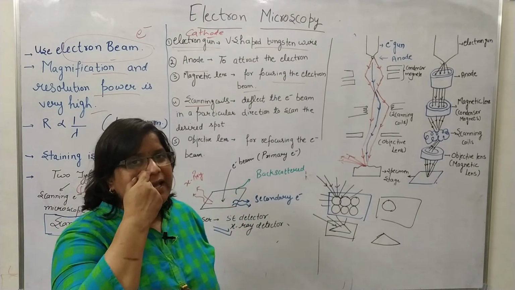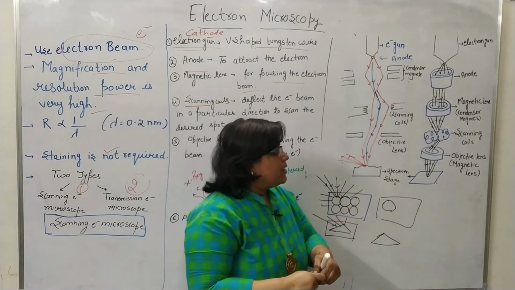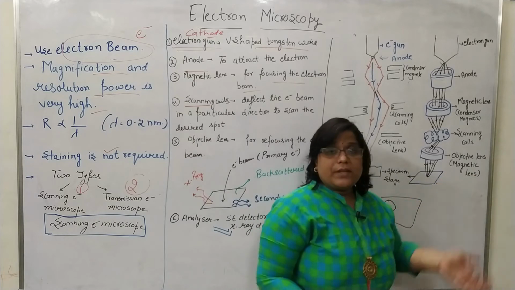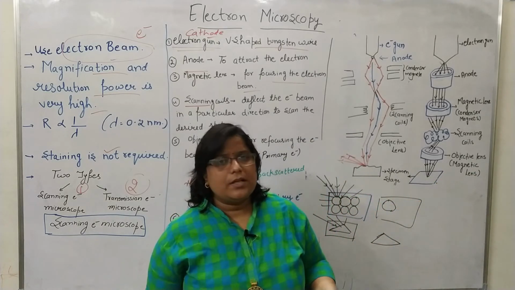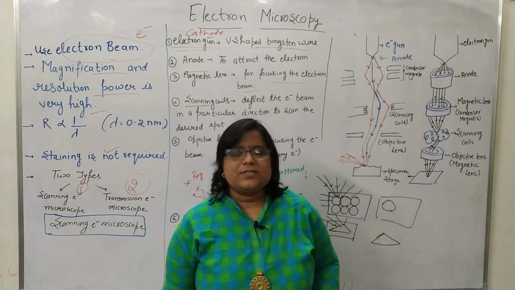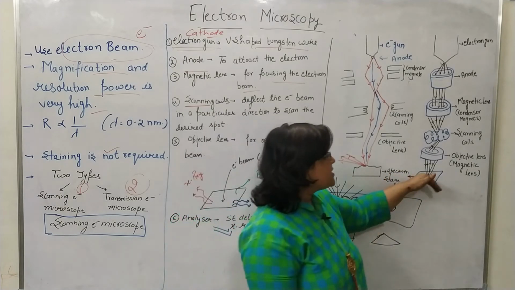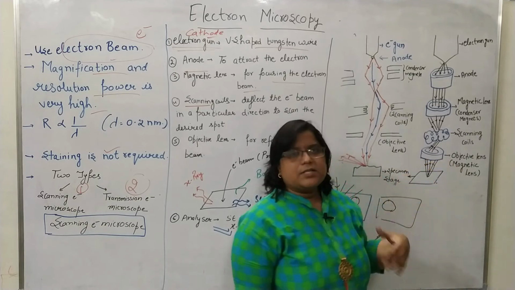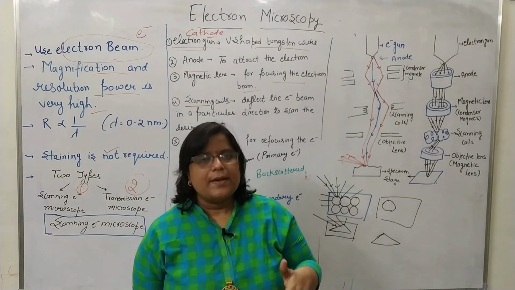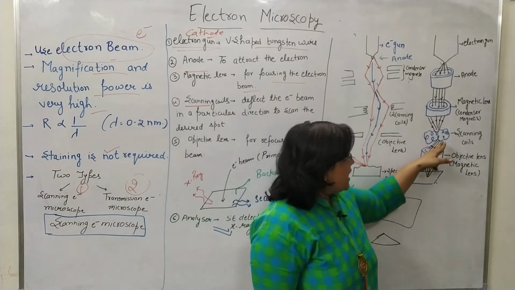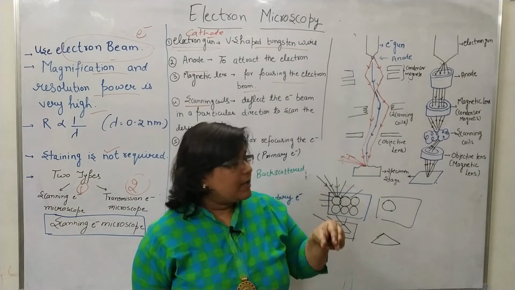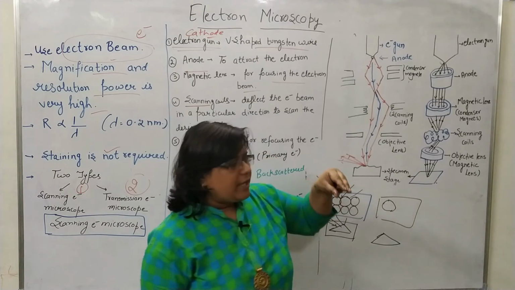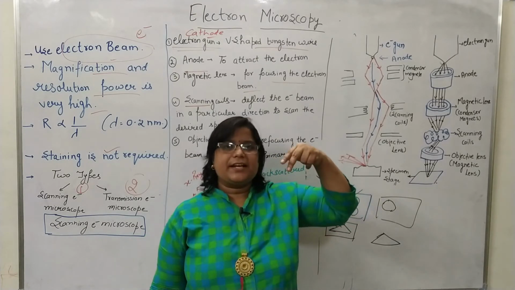After the scanning coil, an objective lens, or we can say a magnetic lens, is attached. What is the use of this magnetic lens, the objective lens? It is just above the object, which is why it is named so. When the scanning coil deflects the rays, they spread out like that.